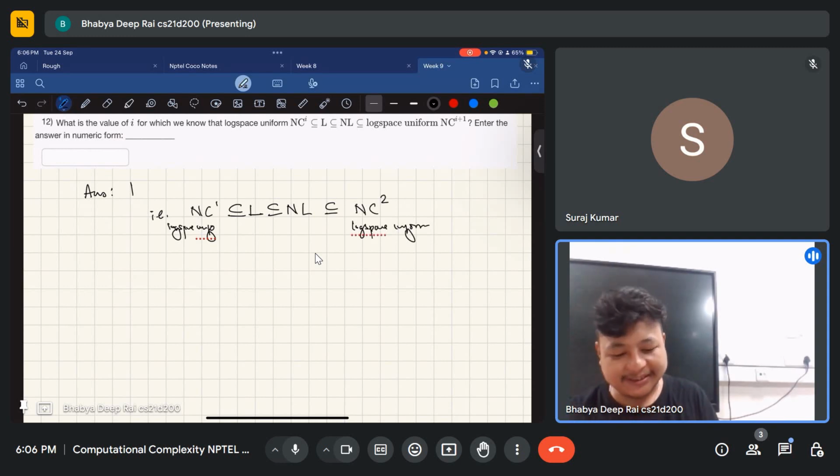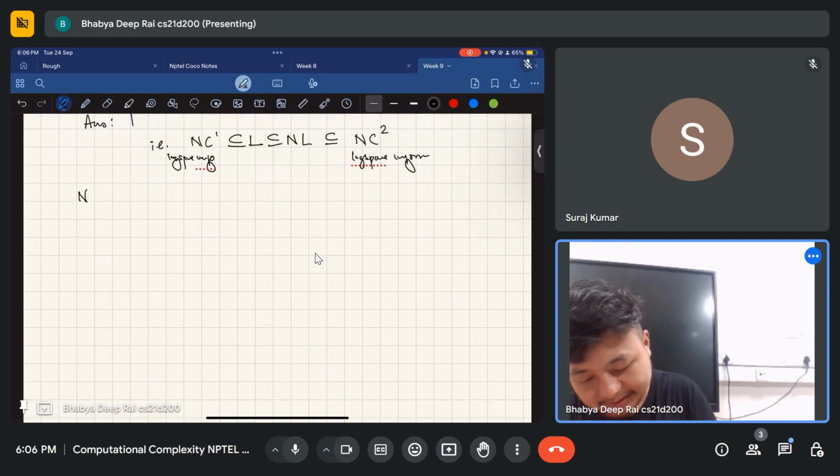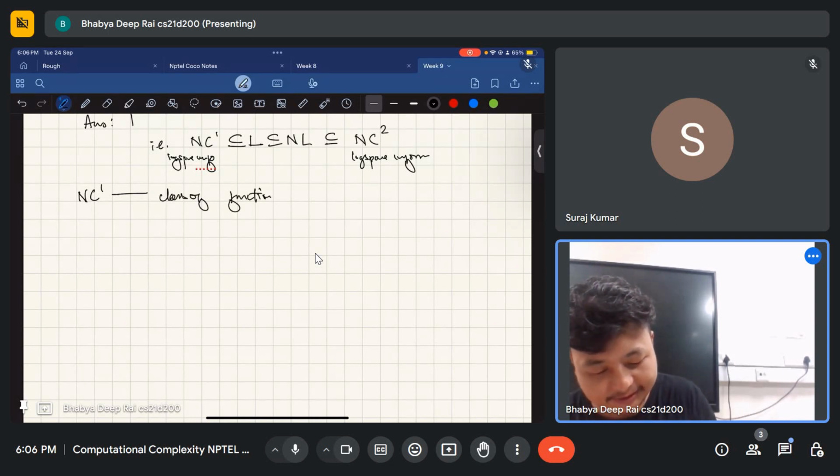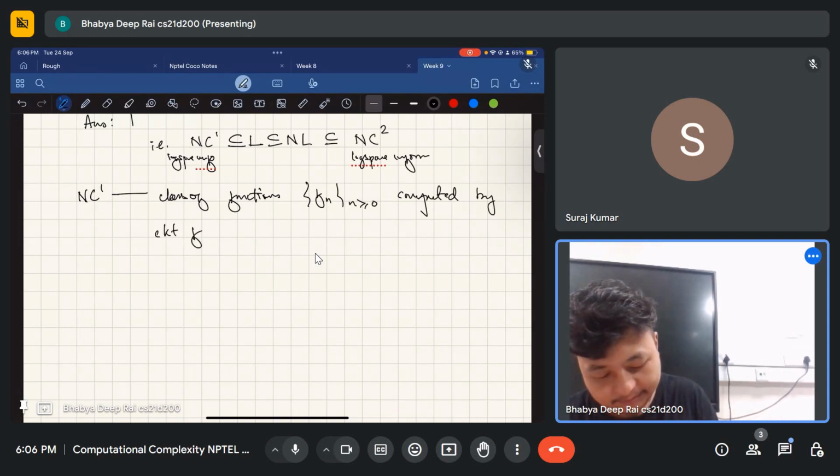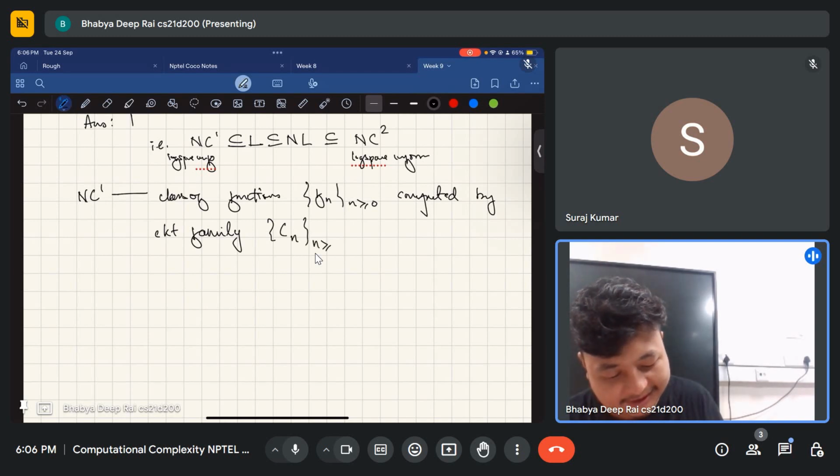Now, what is NC1? This is a class of functions or languages f_n computed by circuit families C_n, n is at least 0.